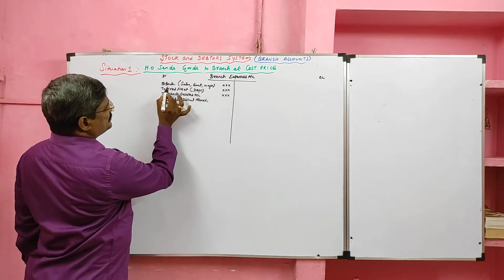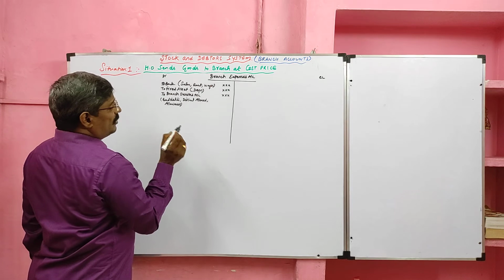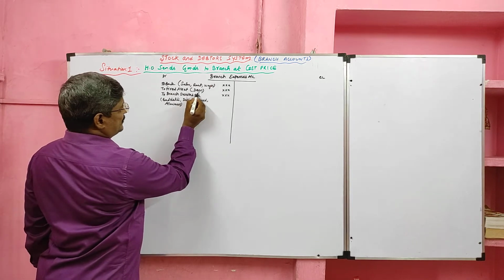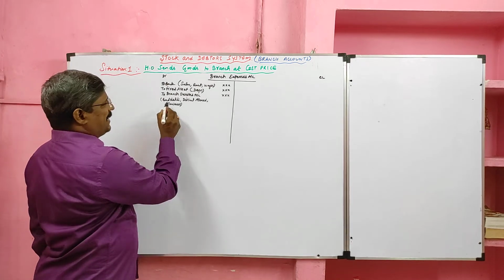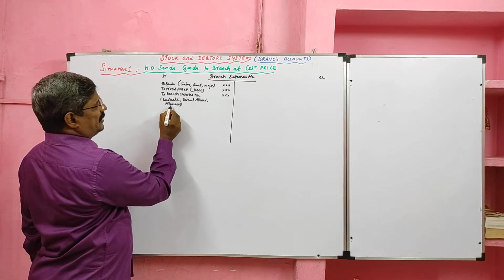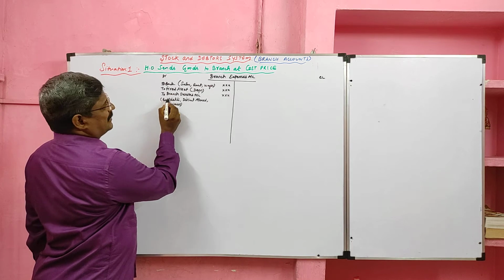So cash expenses, debit given to the bank. Non-cash expenses such as depreciation, debit given to the fixed asset account. Then non-cash expenses such as bad debts, discount allowed, allowances to debtor, debit given to the branch debtor account.